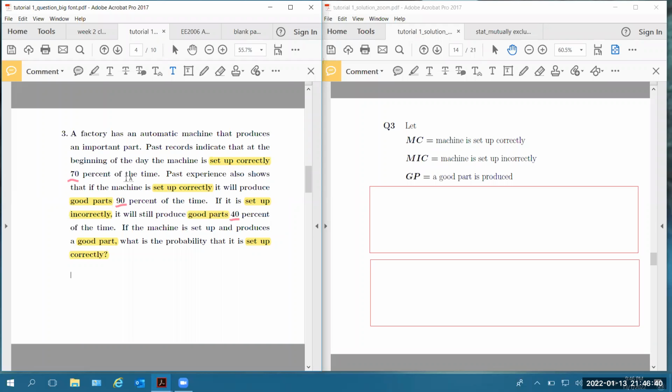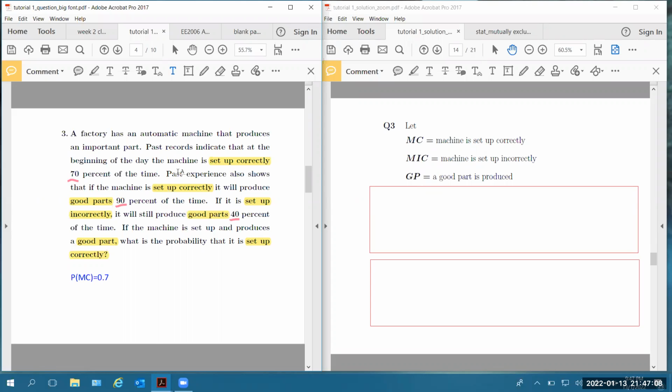It is a probability. Probability of what? Probability that the machine is set up correctly. Over here, you already defined it as MC. So the probability of MC is 0.7. Is it okay?